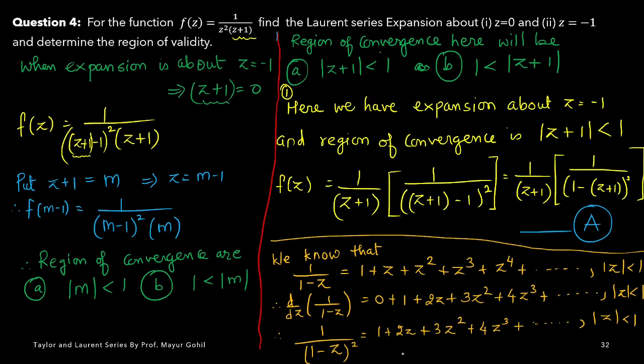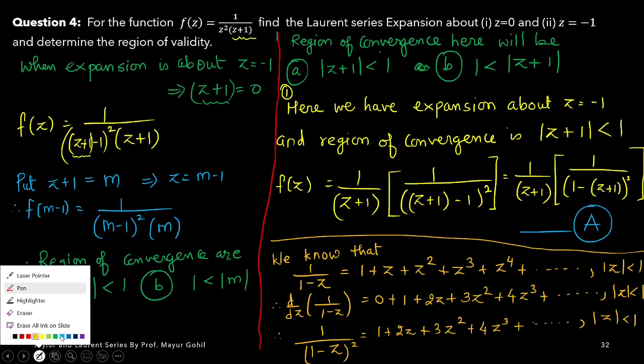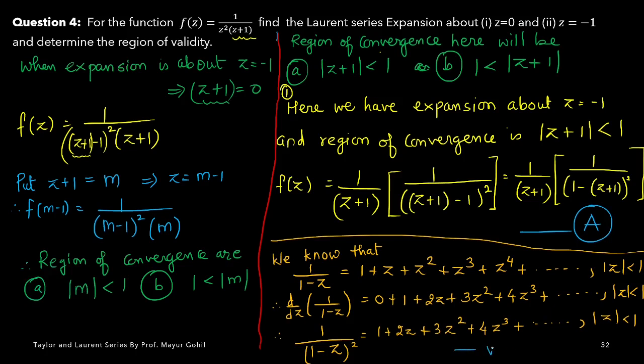So this is a very, very important formula for all of us to remember. Remember this formula: 1 upon 1 minus z the whole square is 1 plus 2z plus 3z square, like that. So we can now do that expansion over here.